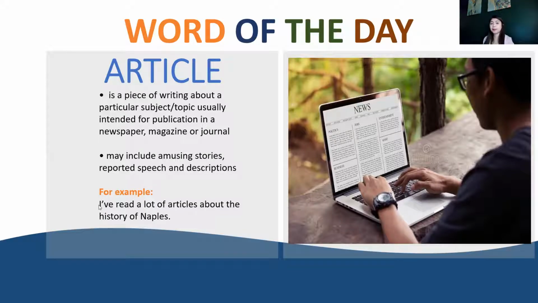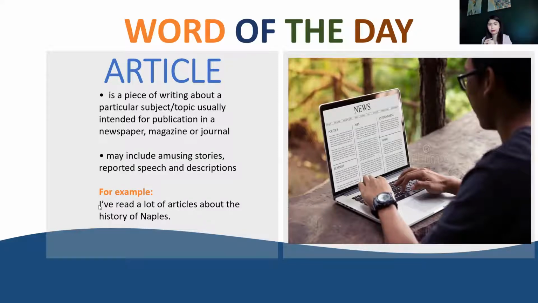An article is a piece of writing about a particular subject or topic, usually intended for publication in a newspaper, magazine, or journal. It may include amusing stories, reported speech, and descriptions. So mainly an article talks about a specific subject, like what we saw earlier, a review about the iPhone 6S.